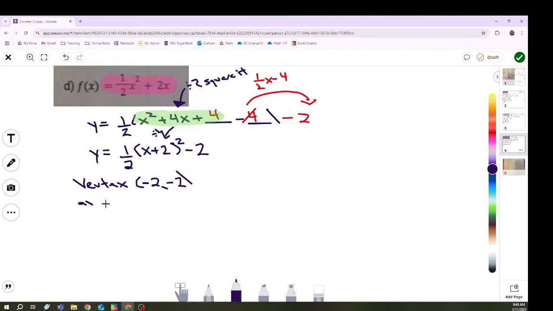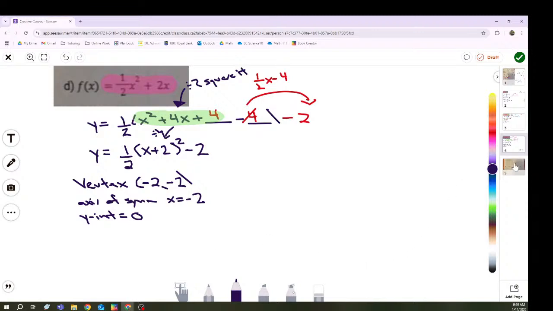Axis of symmetry, x equals -2. And what is my y-intercept? Well, if I replace x with zeros, what's left? Zero. Exactly. So y-intercept of 0.